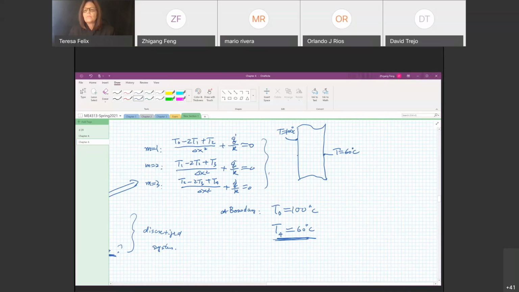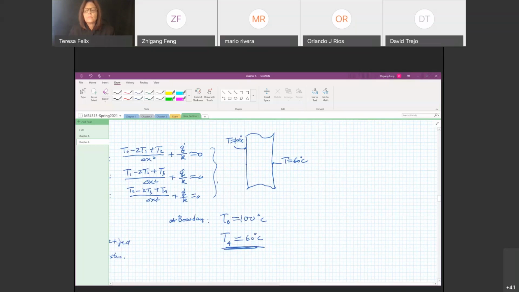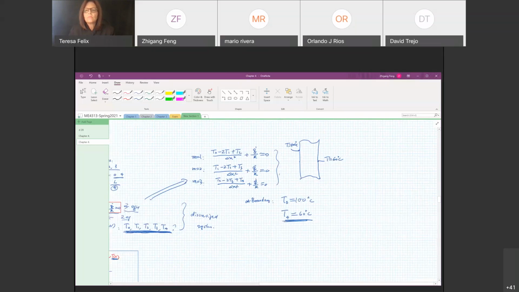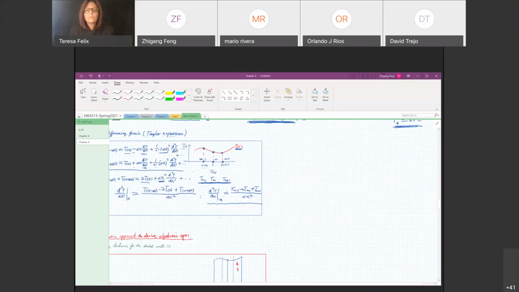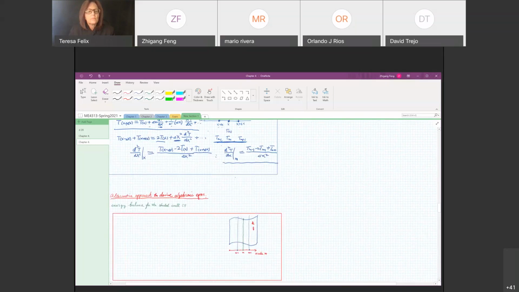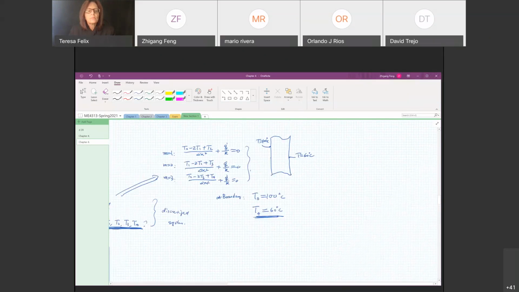Okay? But if I have a different boundary condition, then we will have to solve more equations. So in general, these 2 may not be constant, but at least we will have 2 equations based on the 2 boundary conditions.